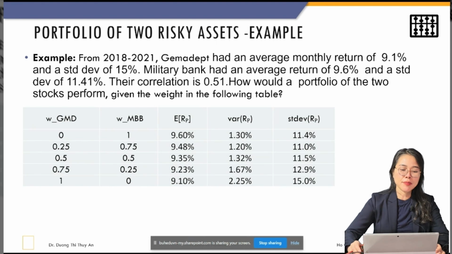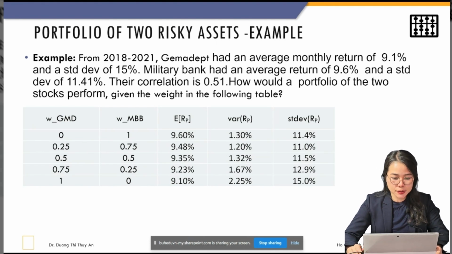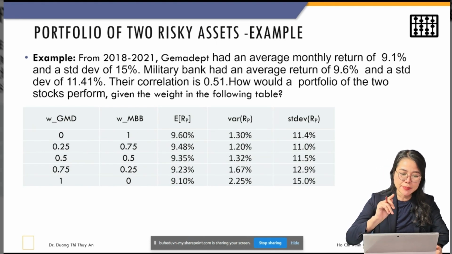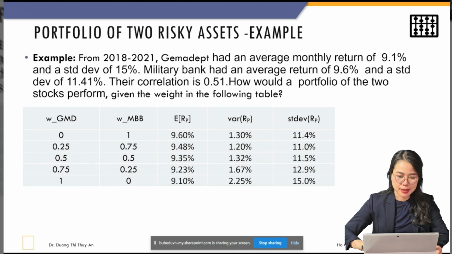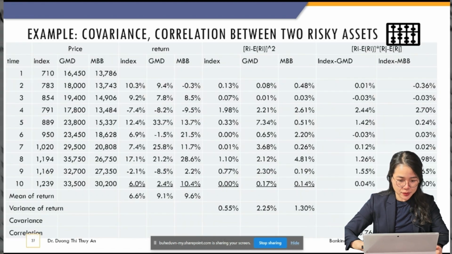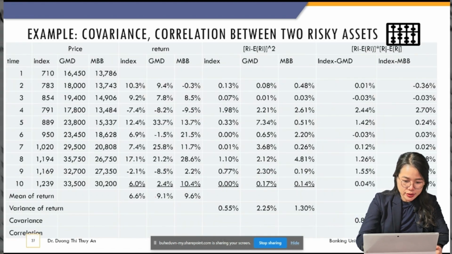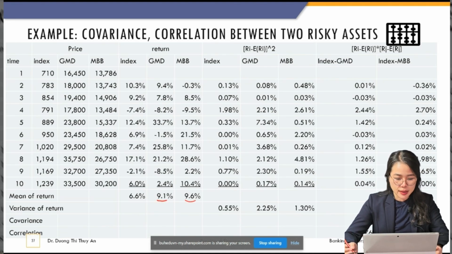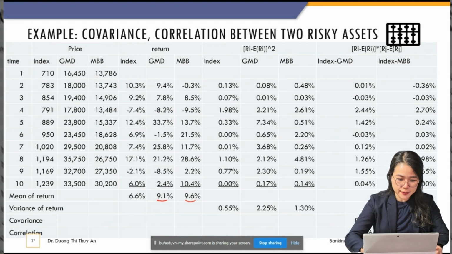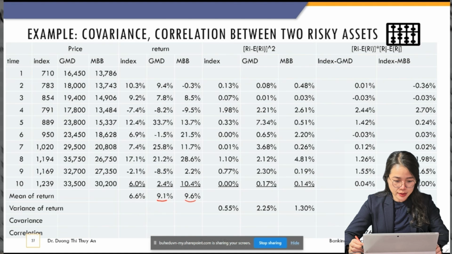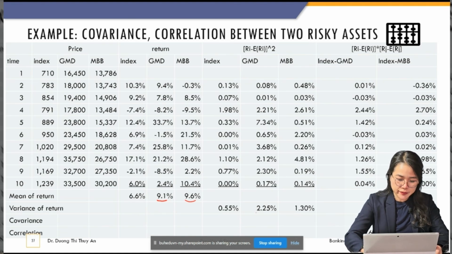For example, I take the pair GMDEP and MPP. In this example, the mean return of GMDEP is 9.1% and MPP is 9.6%. In this slide, I don't calculate the standard deviation; we have the variance.